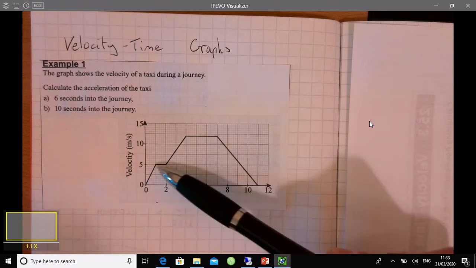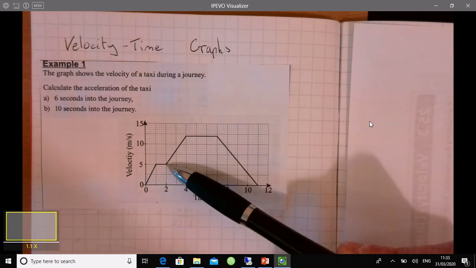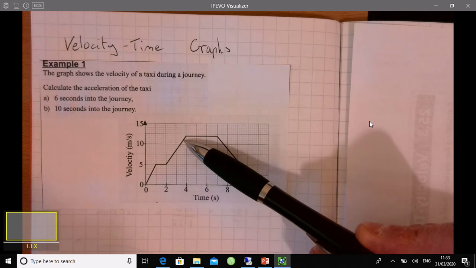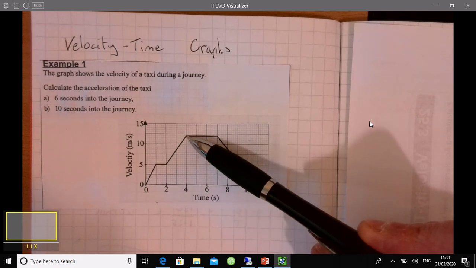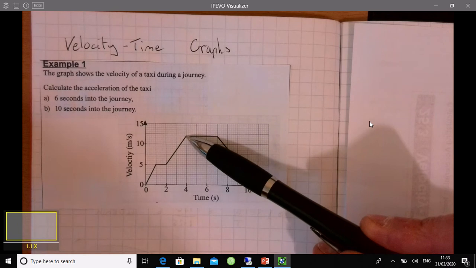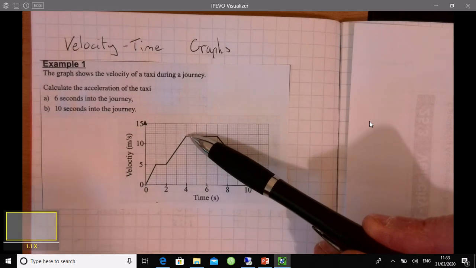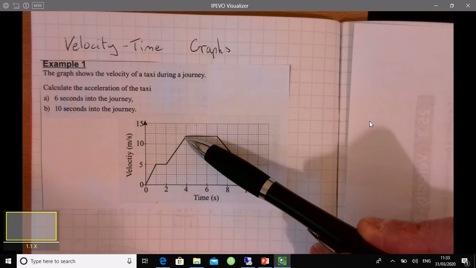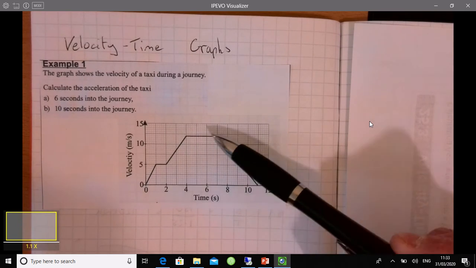So we don't stop here, and then we increase speed, or rather the taxi increases speed until we get up here, which is about 12 meters per second. Again, that's constant acceleration. And again, up here, it doesn't mean we stop.